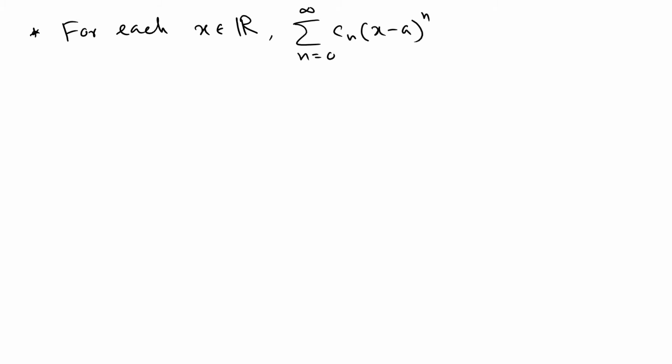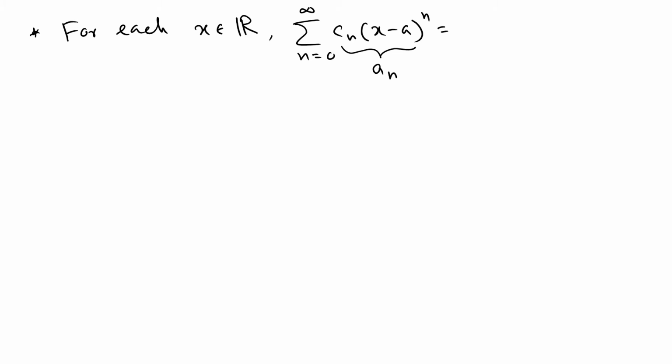So we have this idea. For each x in R, that means any real number, that's how we write x belongs to R, let's say you pick any fixed number. If you look at Cn times x minus a to the n, you can see this is just a number.